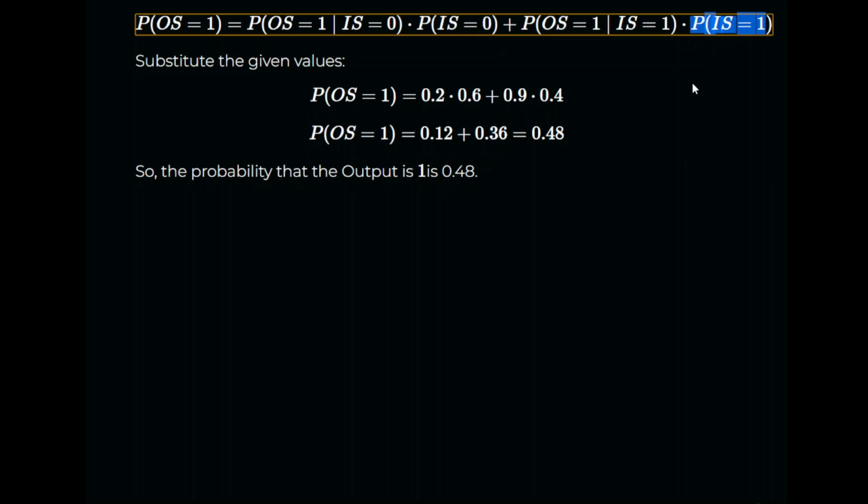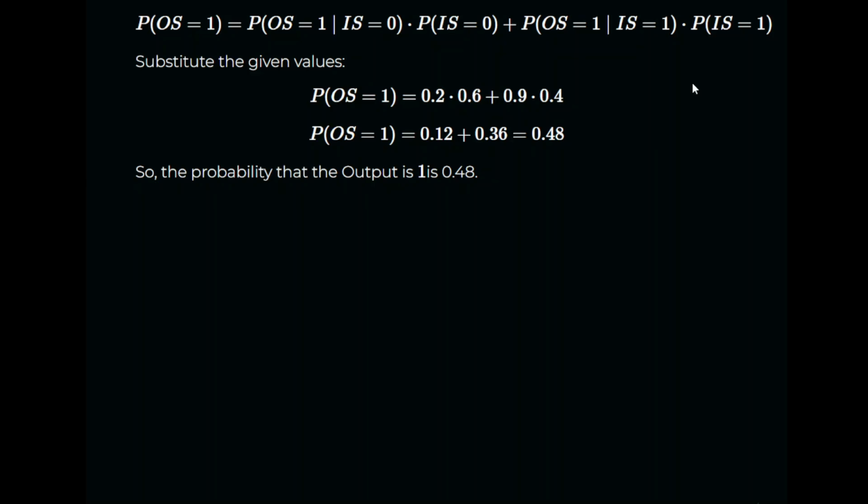Okay, so that's four elements of that expression. 0.2 times 0.6 plus 0.9 times 0.4, and that is equal to 0.12 plus 0.36, which is 0.48. So the probability the output is 1 is 48%, 0.48.